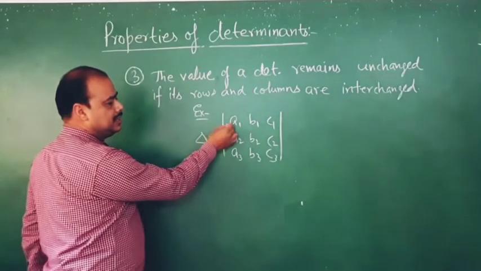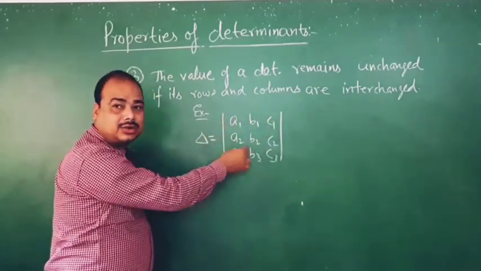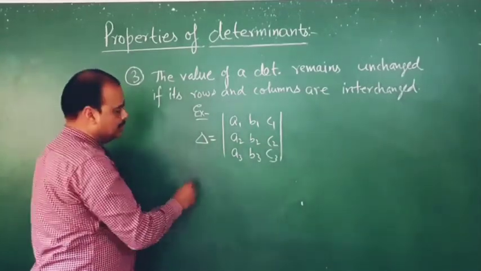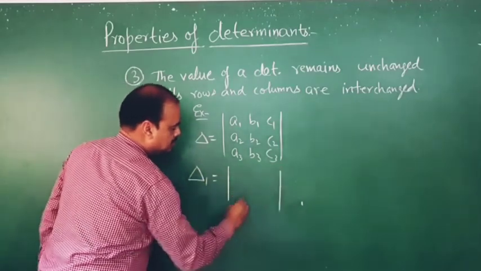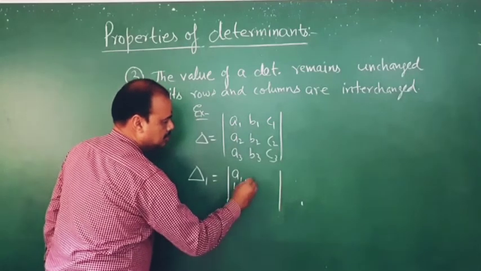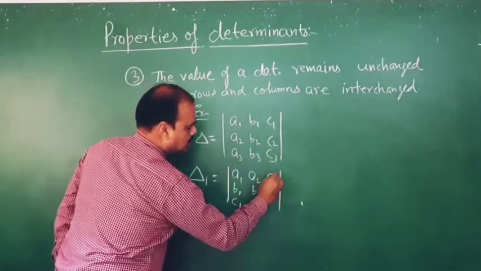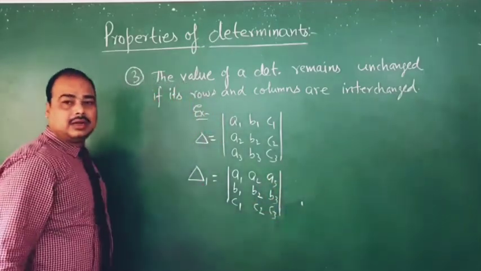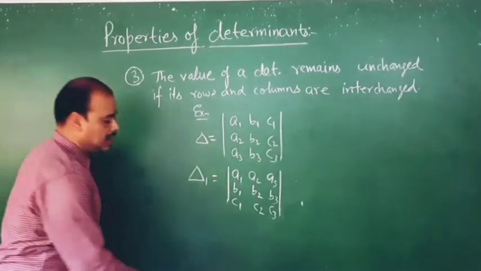If we change first row into first column, second row into second column, third row into third column, then the new determinant will be A1, A2, A3, B1, B2, B3, and C1, C2, C3. Now, the values of these two determinants will be equal.